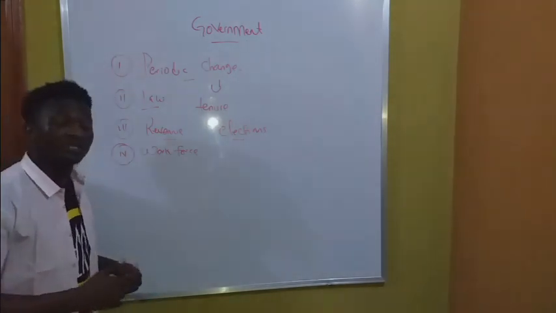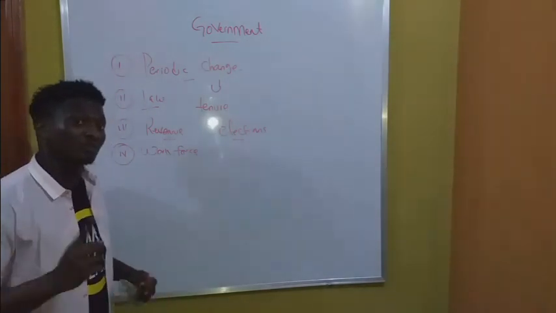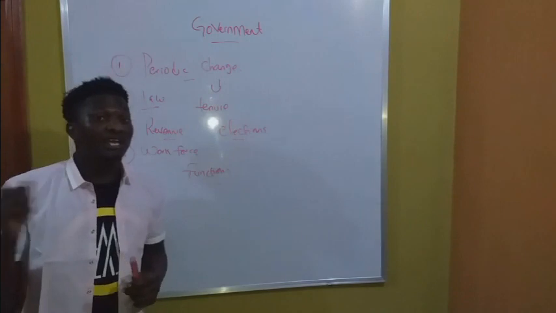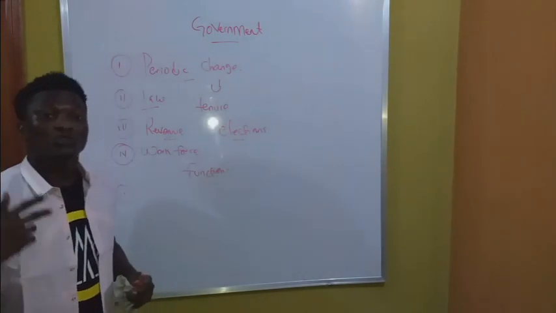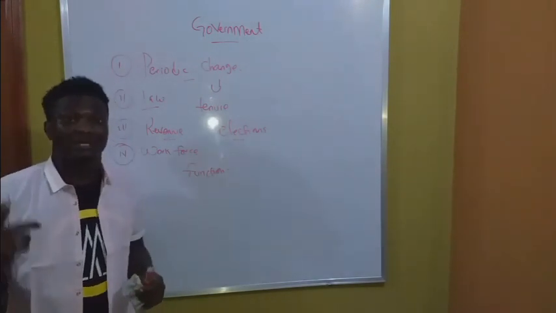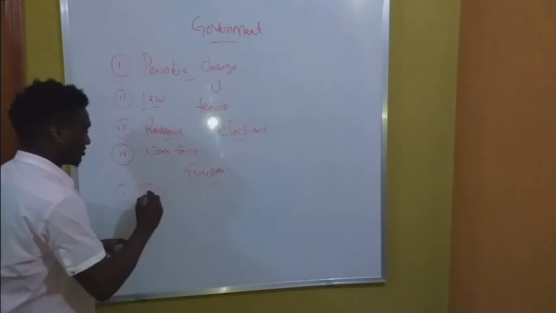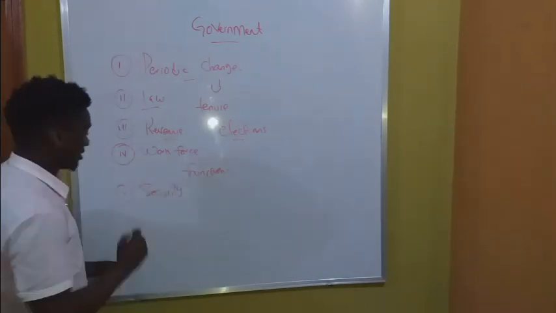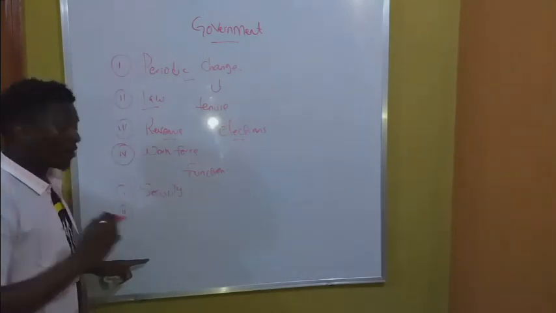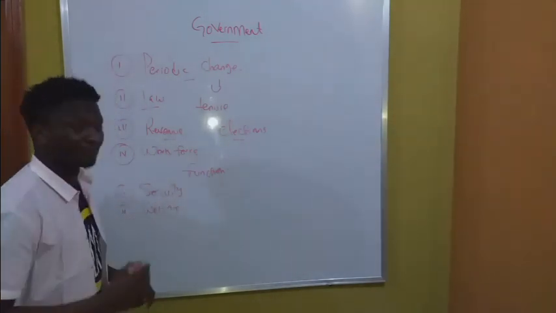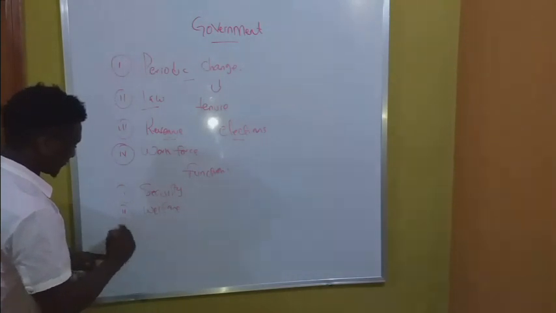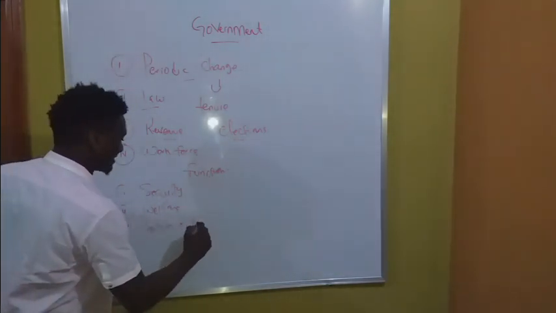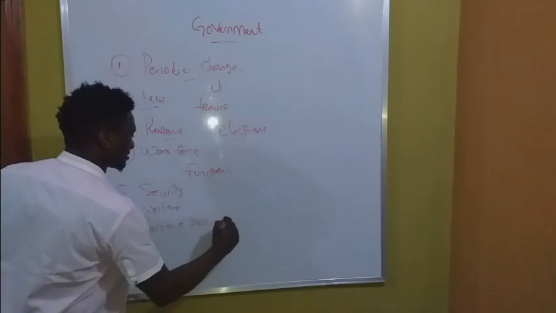Let us now look at the functions of government. Number one, I mentioned earlier that government has two sacred responsibilities, and they are security. So that's the first one, security. Number two, welfare. We also have provision of basic amenities.